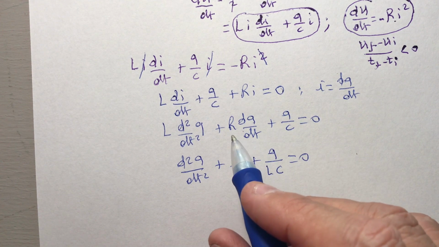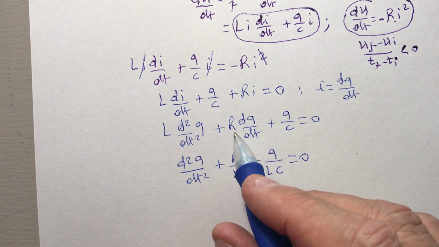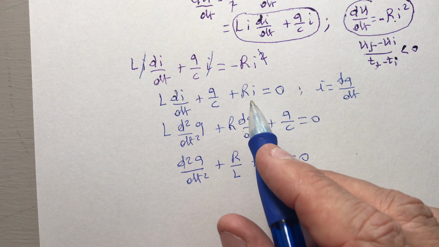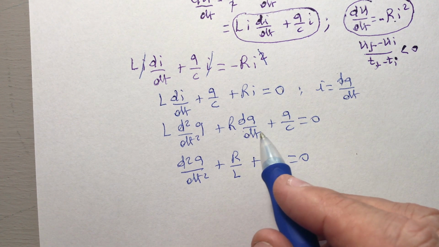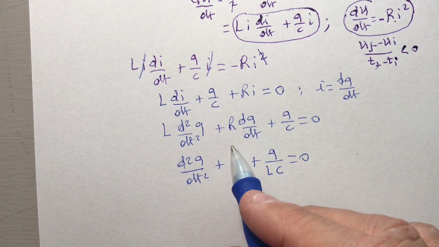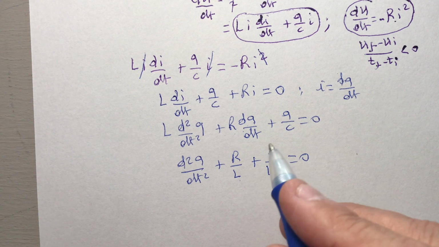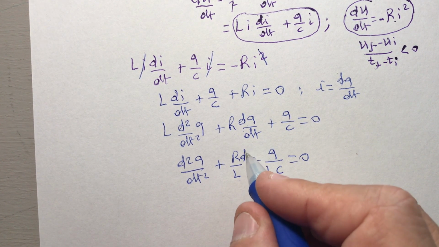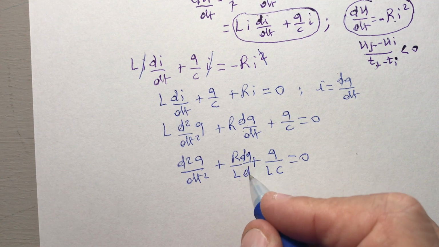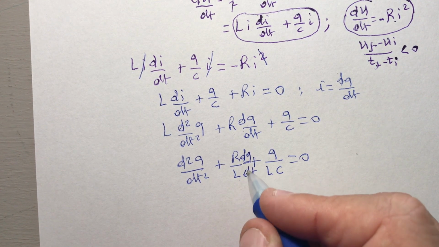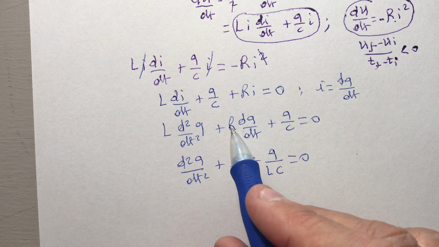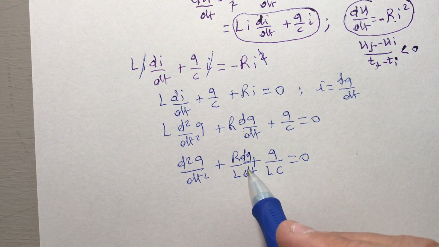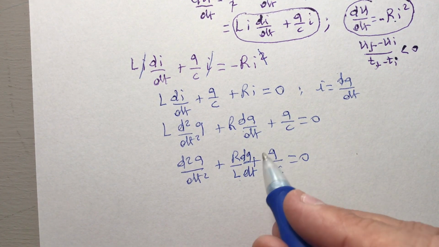Let me fix it. Here I have R dq/dt plus q/C. So I divide this by L, and I have to put here dq/dt. I forgot to put that dq/dt. When I divide by L, I have to put that here, and this is okay.